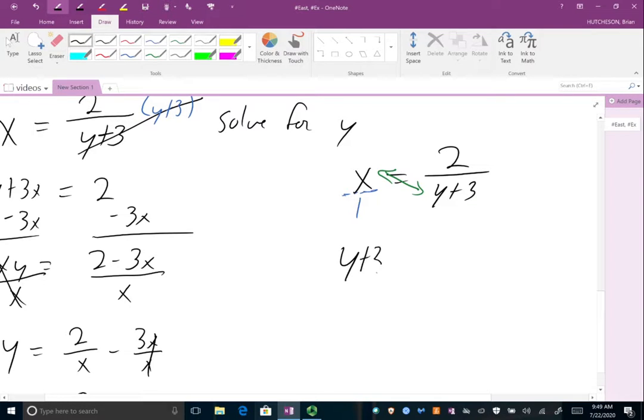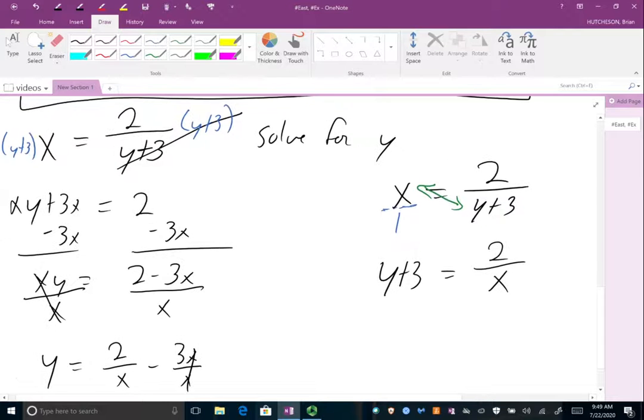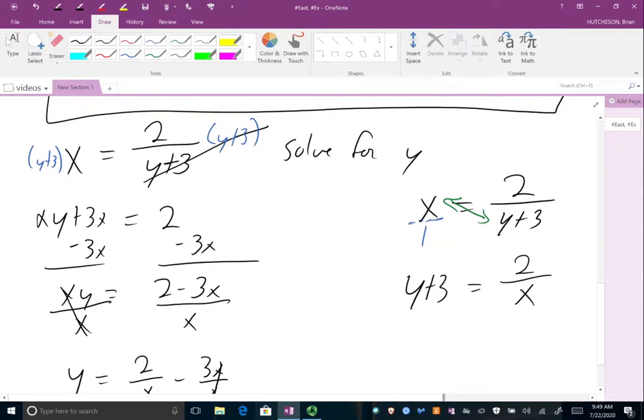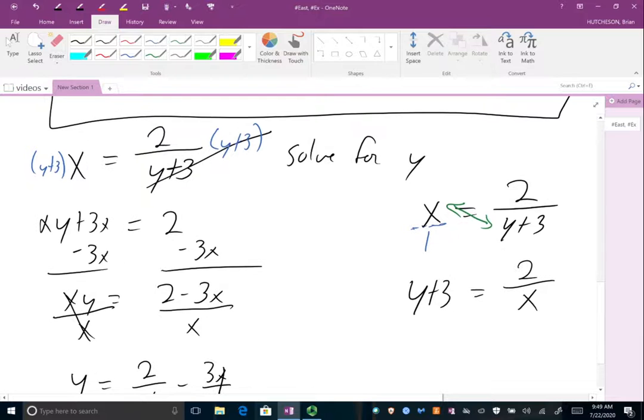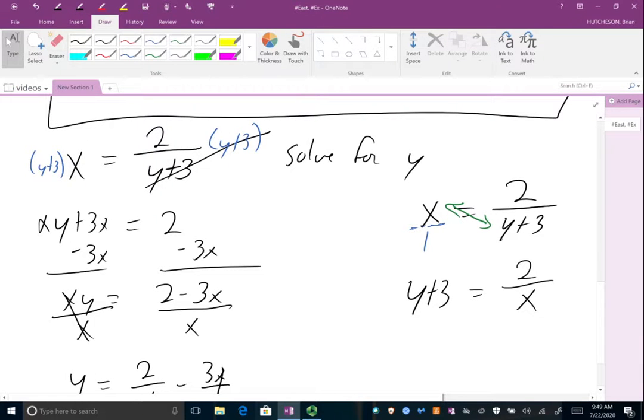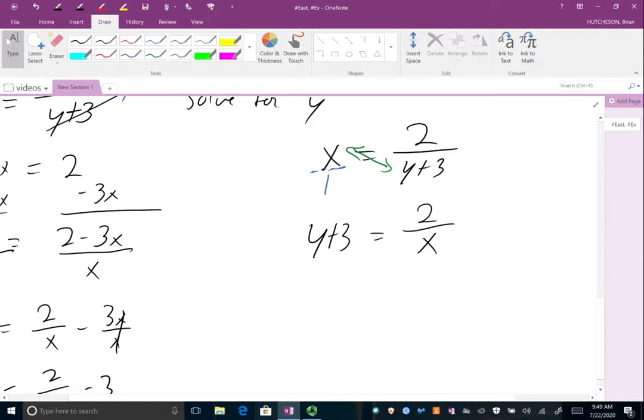So the y plus 3 can come to this side and the x can go to the bottom. So instead of getting stuck distributing, I basically just immediately divide through by my x. Oh, how do you get rid of a plus 3 minus 3?